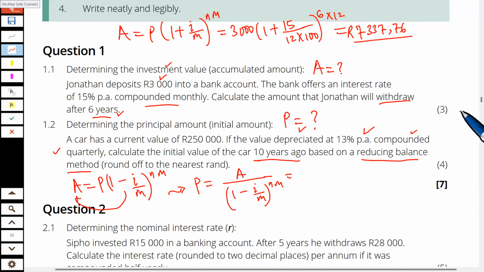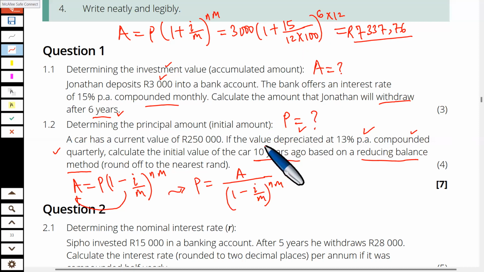What is this? So right, a car has a current value of this one. If the value depreciated at this one compounded quarterly, calculate the initial value of the car 10 years ago based on the reducing balance method.